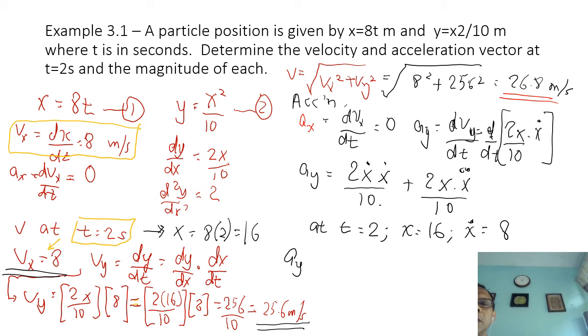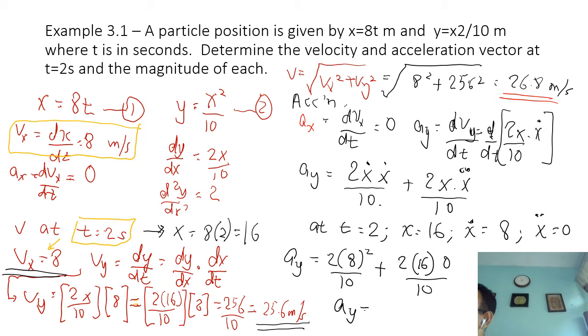So we will have ay equals 2 times 8 squared over 10 plus 2 times 16 times x double dot, which is 0, over 10, and we will have ay equals 12.8 meters per second squared.